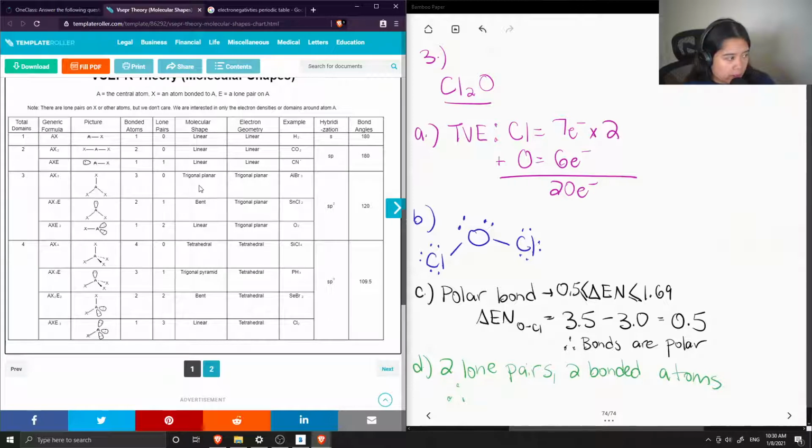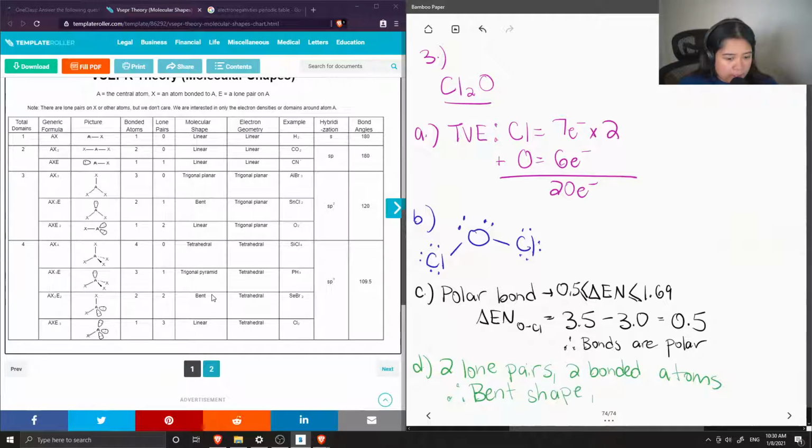For this molecule in particular, oxygen has 2 lone pairs and 2 bonded atoms, so we have this configuration right here. Therefore the molecular shape is bent, and we have a tetrahedral electron geometry.